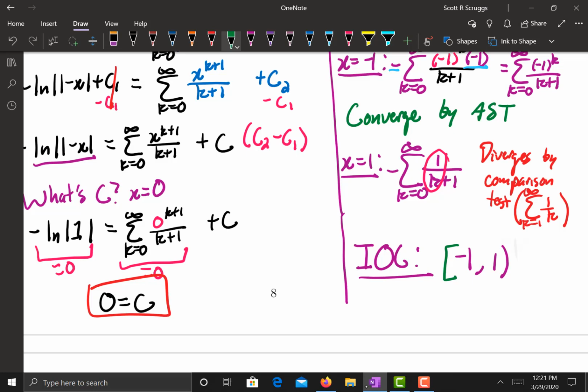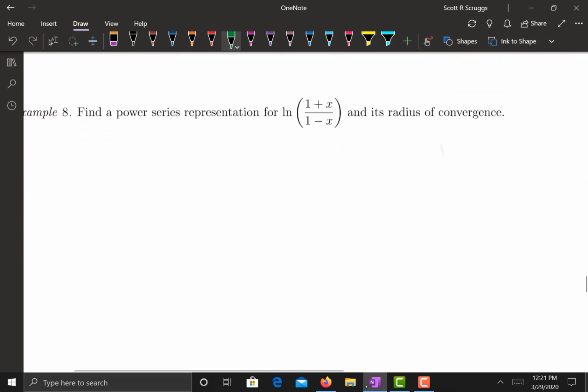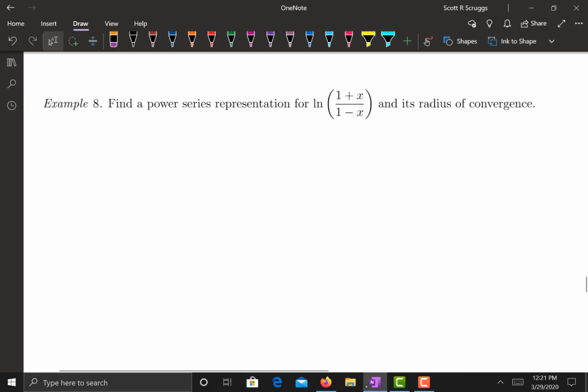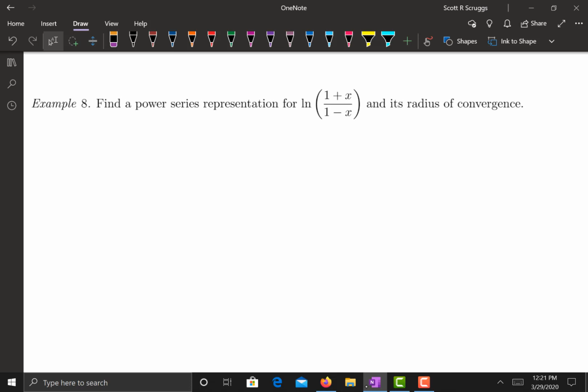And just like before, with a brand new power series representation and using term by term integration and differentiation, I can now form a brand new power series representation and combine power series together. And so let's do that with the natural log of 1 plus x divided by 1 minus x.